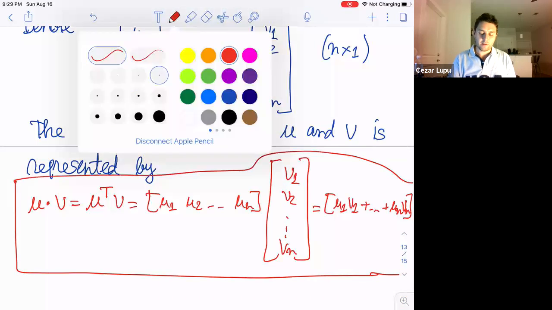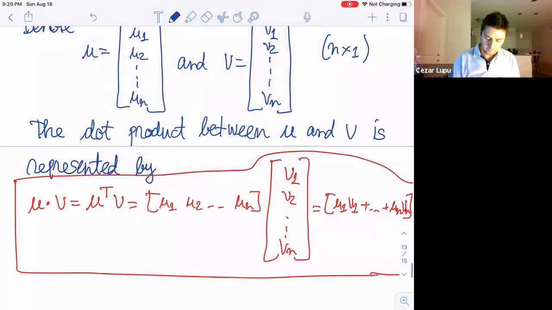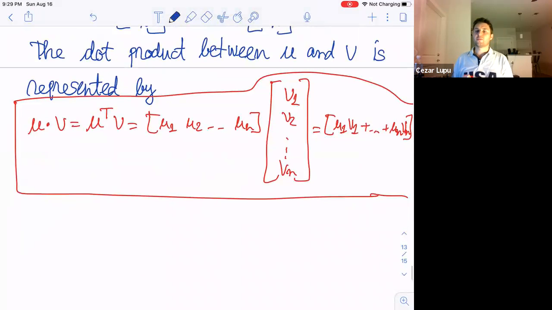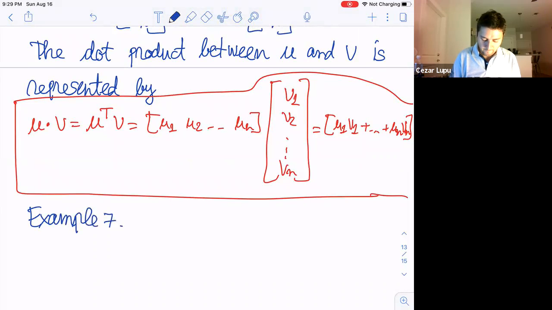All right, now let's see an example of how to use matrix multiplication to find a dot product. Example 7.